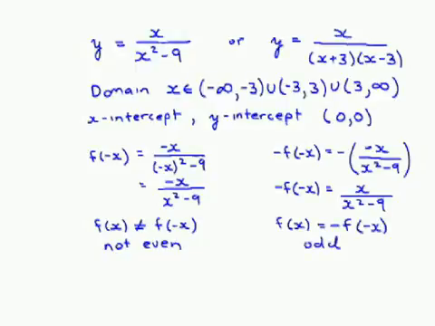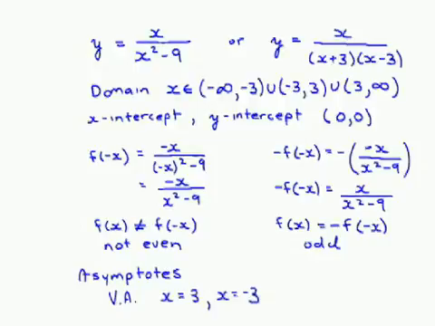The next thing we have to do is determine if any asymptotes occur. This requires that you think back to what you learned in pre-calculus regarding rational functions. You know that vertical asymptotes occur when the denominator is set equal to 0, and that will occur when x is equal to 3 or x is equal to negative 3 for this particular function.